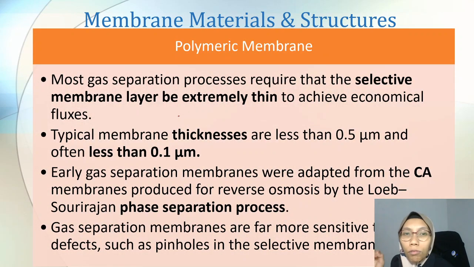Secondly, we are going to learn about polymeric membrane. This one is very famous. As you know, polymeric membrane can be glassy and rubbery. Most gas separation actually requires a selective membrane layer, which must be very thin to achieve economical flux.